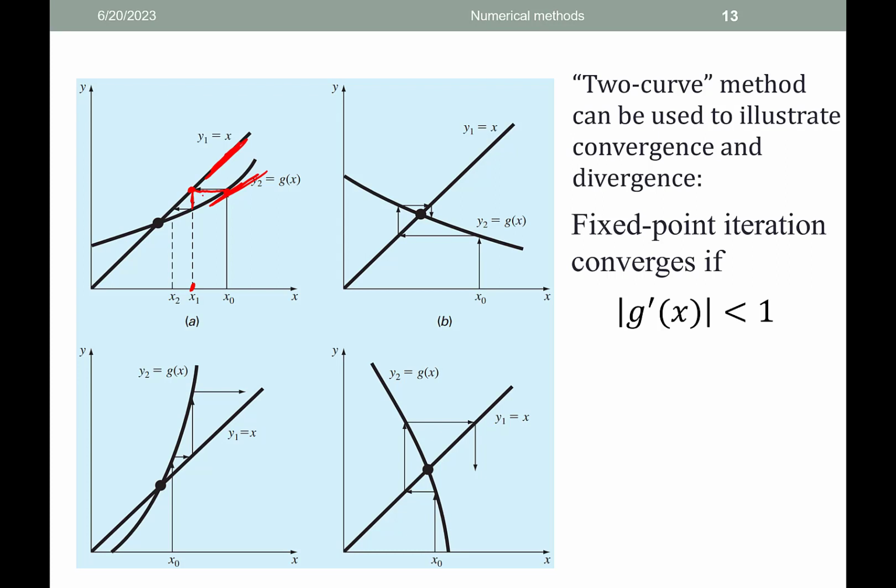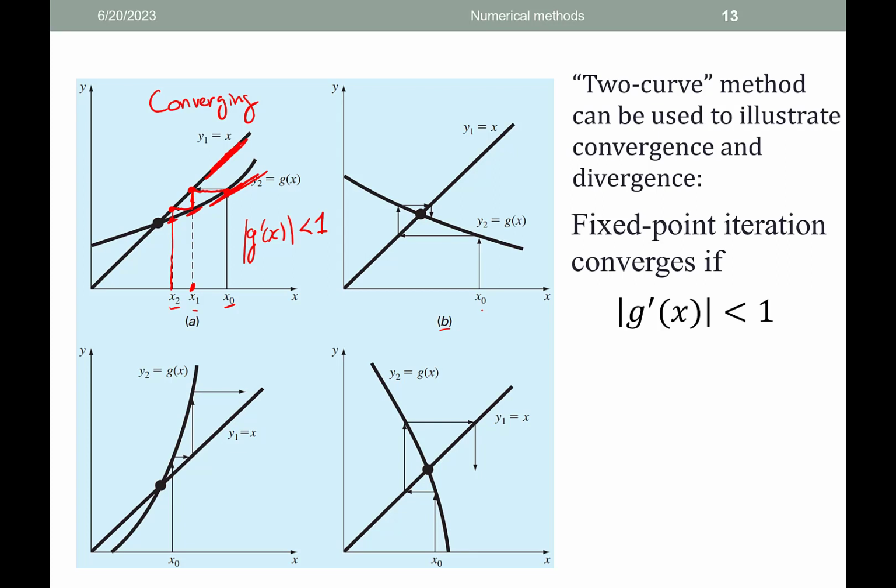Then we can see that the slope here again is less than 1. Then it makes another guess, and again the slope is less than 1, and this method is converging. So the absolute value of g prime of x, which is the slope of g of x, is less than 1 with all these x values, clearly from the graph. We're not doing any math, we're just looking at the graph.